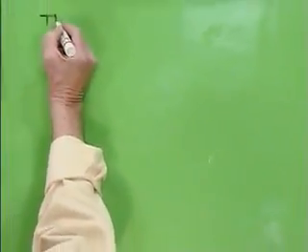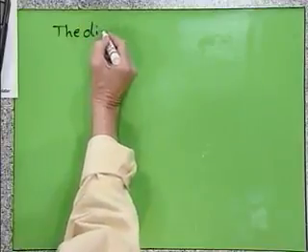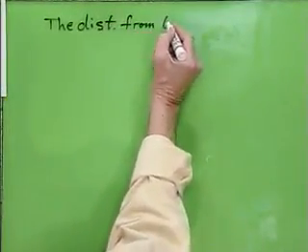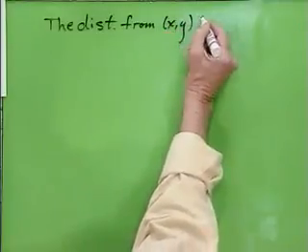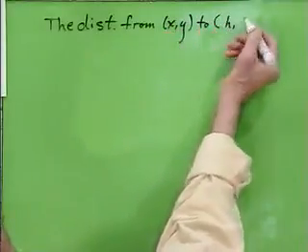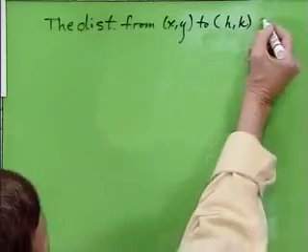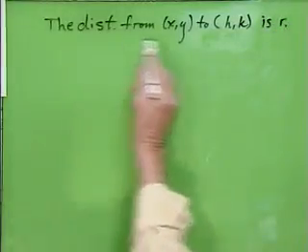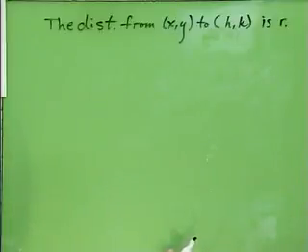I'll write that out. The distance from (x, y) to (h, k) is r, period. Now, this is a sentence in English, and I'm going to change it to a sentence in mathematics.